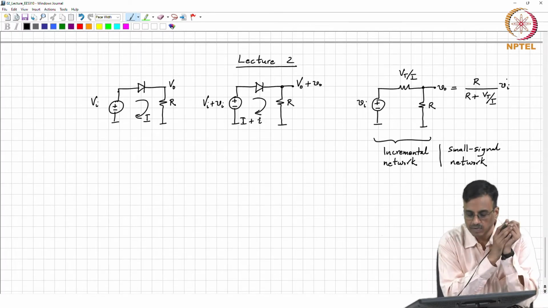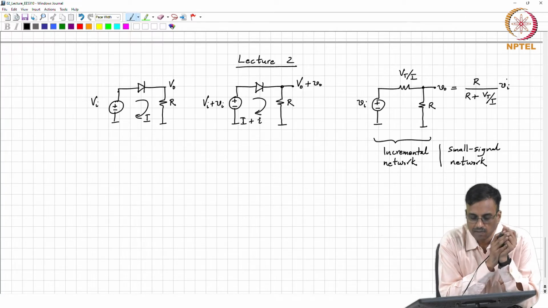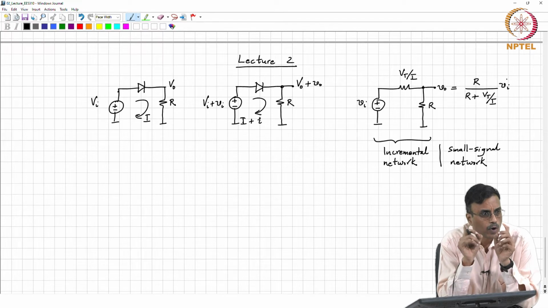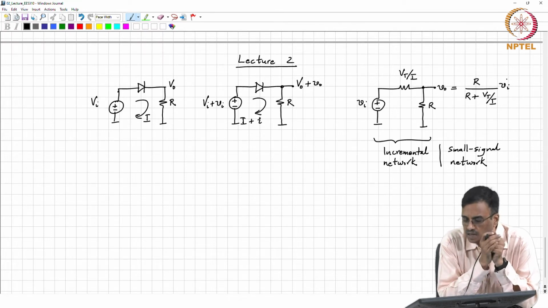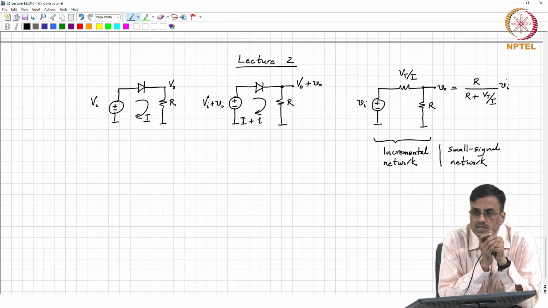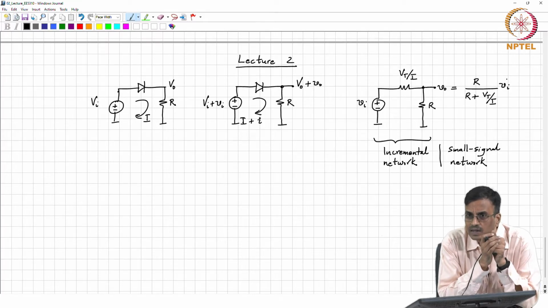And so what have we done? If you stare at this picture, we have seen that we have replaced every nonlinear element by its incremental equivalent. The two terminal diode, though nonlinear, around the operating point, the change in the current through the diode can be related to the change in the voltage across the diode by a linear relationship, and therefore as far as changes are concerned, dI by dV of the diode is a conductance of value I over Vt.